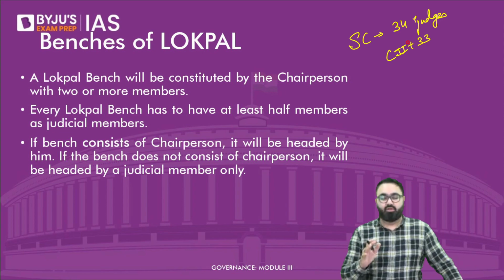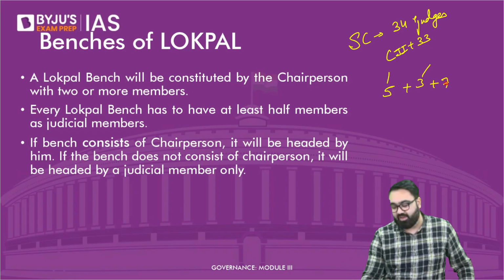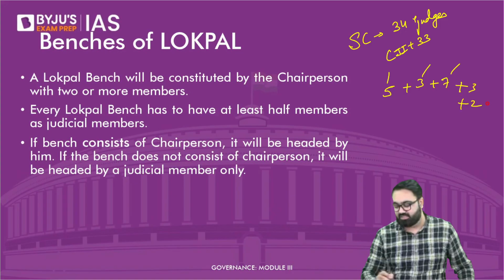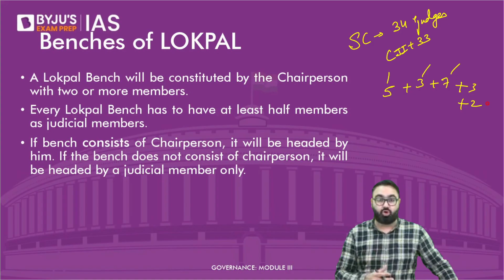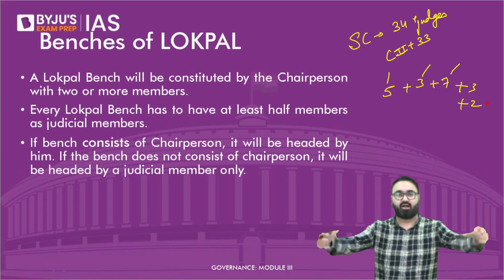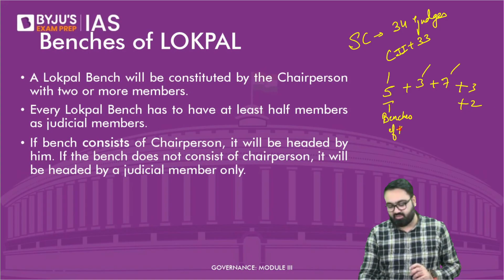No. For example, 5 judges will hear one case, 3 judges will be hearing some other case, 7 will be hearing some other case, 2 might be hearing another. That is how it works. So at one point of time in the Supreme Court, there are multiple cases being heard by multiple benches. These are called benches of the Supreme Court.